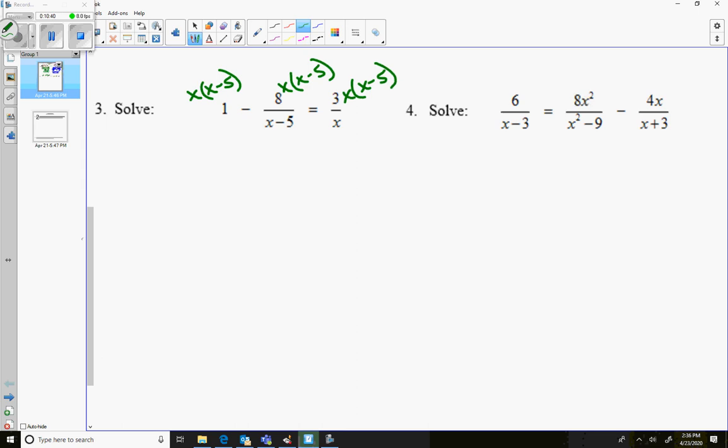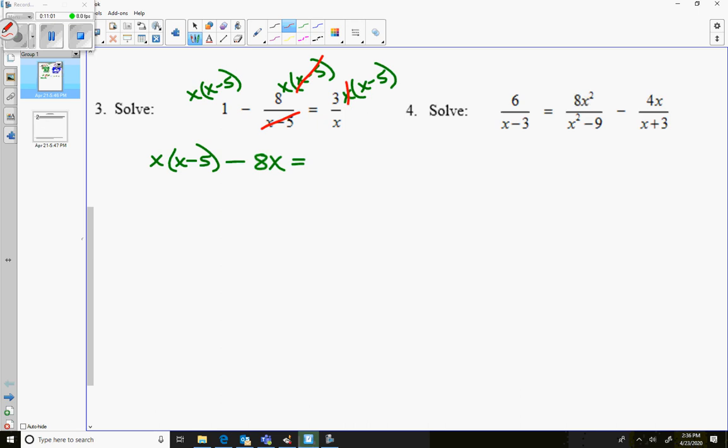Now, on the first one, times the 1, there's nothing to cancel. So it's going to stay just like it is. Anything times 1. So it's just going to be x times x minus 5 minus. The x minus 5's cancel. So it's just 8x equals.